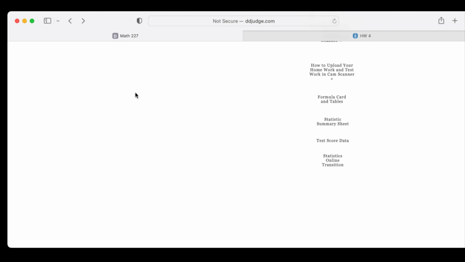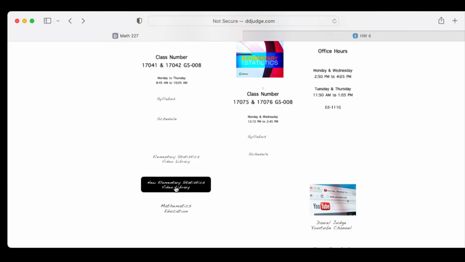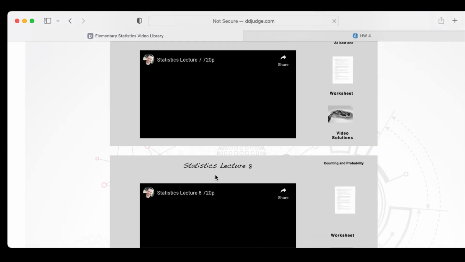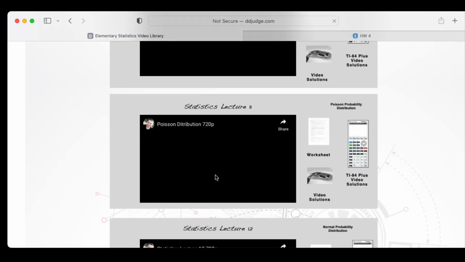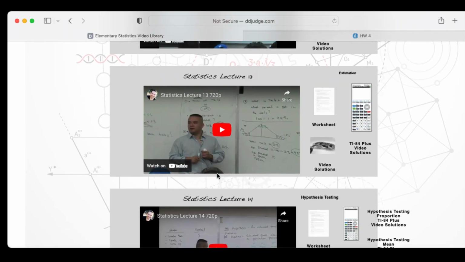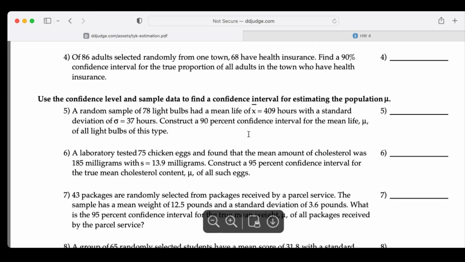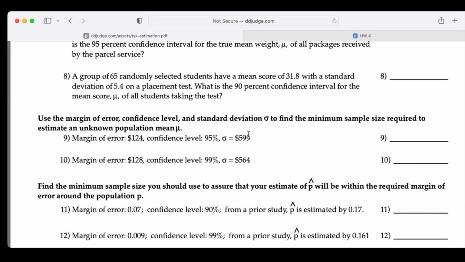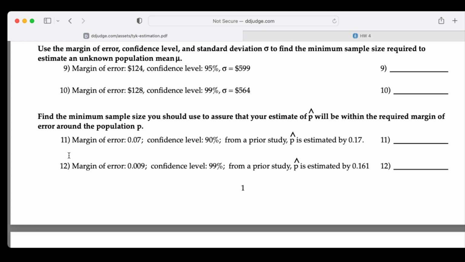Let's go back to the homework here. Statistics lecture 13. I just want to remind you guys, this is the worksheet. I said do 1 to 8 all. On Monday, we're going to do 9 to 12.